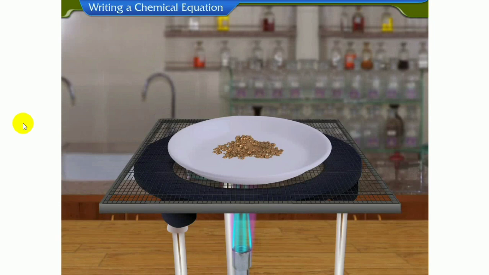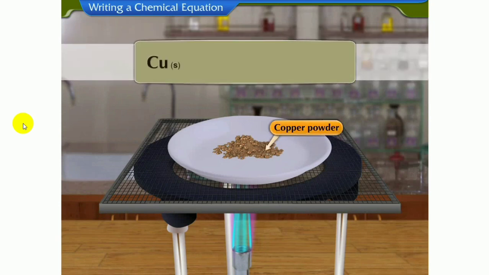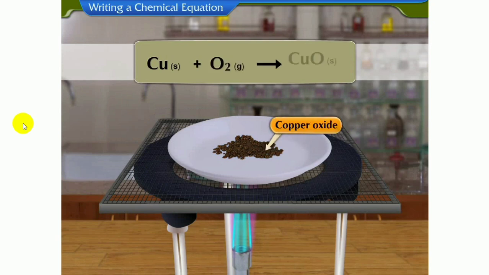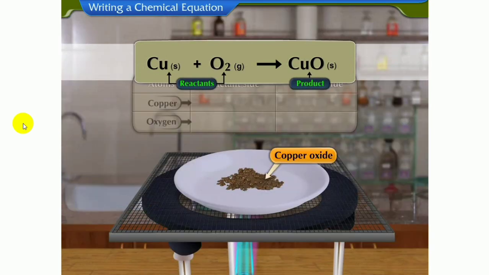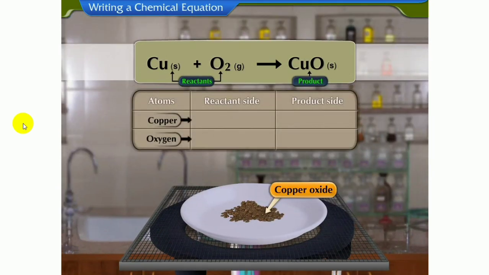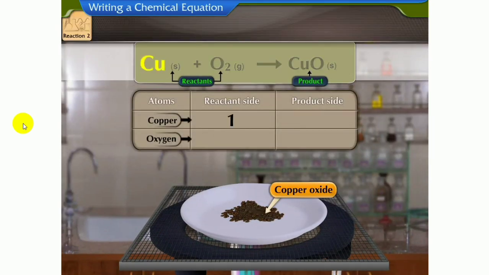Now, let us again consider the chemical equation of heating copper. Cu + O2 gives CuO. Count the number of atoms of each element on both the reactant side and the product side. Enter these values in the table. There is one copper atom each on the reactant side and the product side.